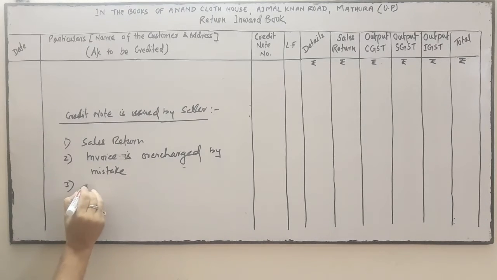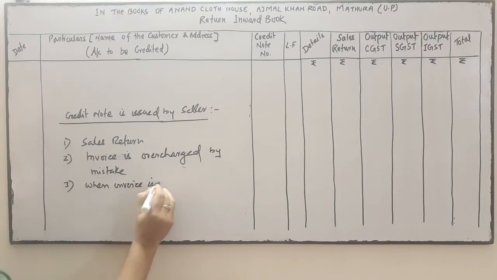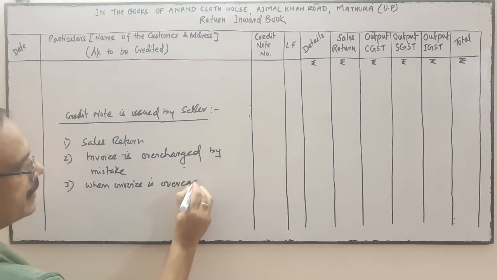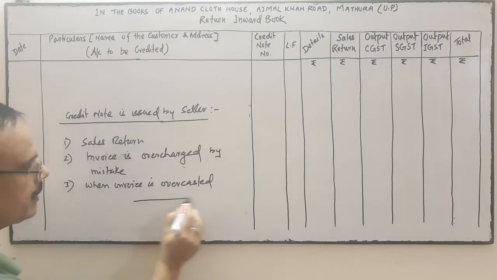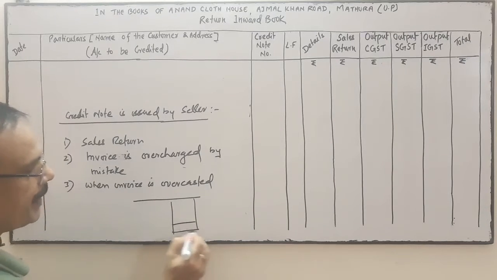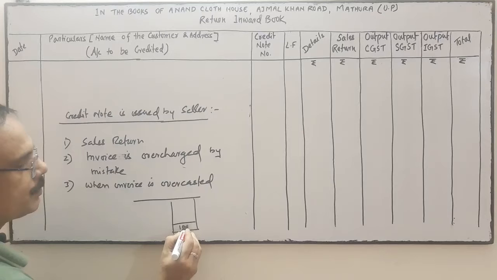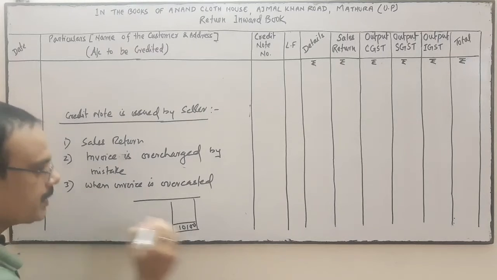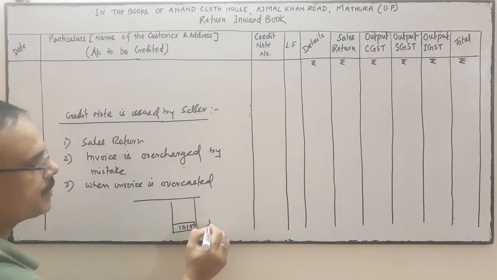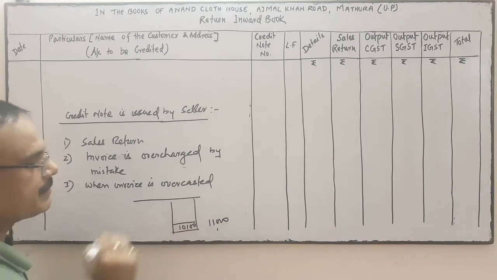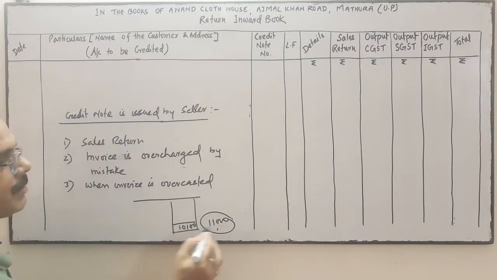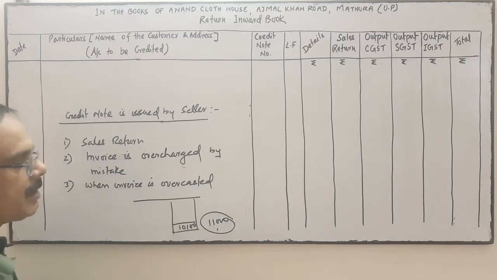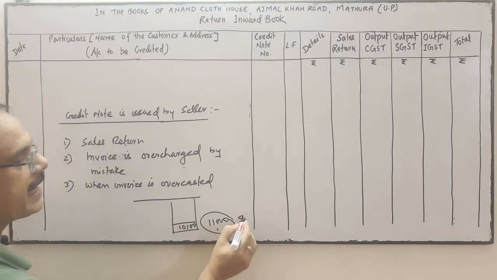Similarly, when the invoice is overcast, when the total of the invoice is overcast, suppose the total of the invoice should be 10,100, but by mistake the total comes 11,000. It means the total is excess by 900.